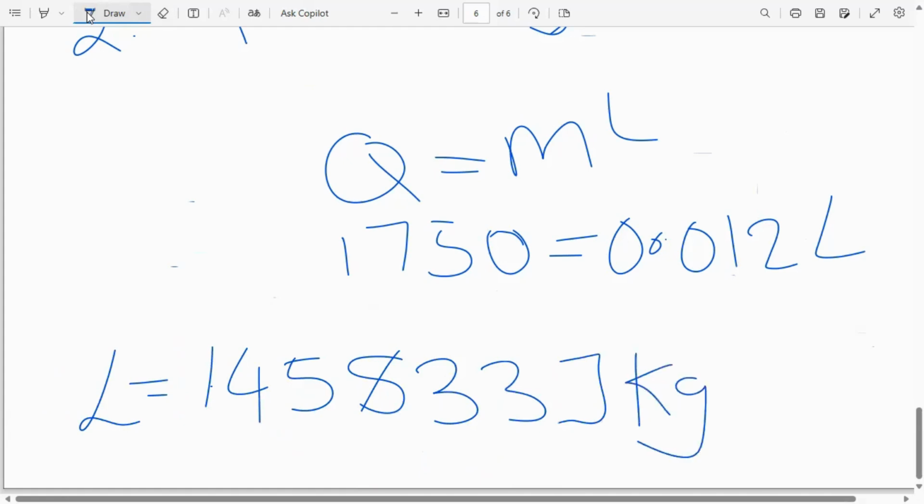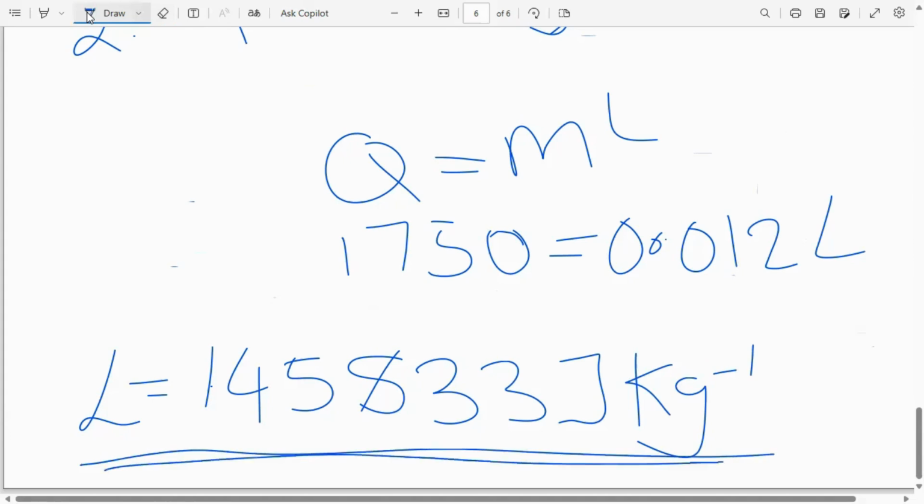Not per Kelvin, it's just joules per kg, since there's no change in temperature here. So that is the value of our L.